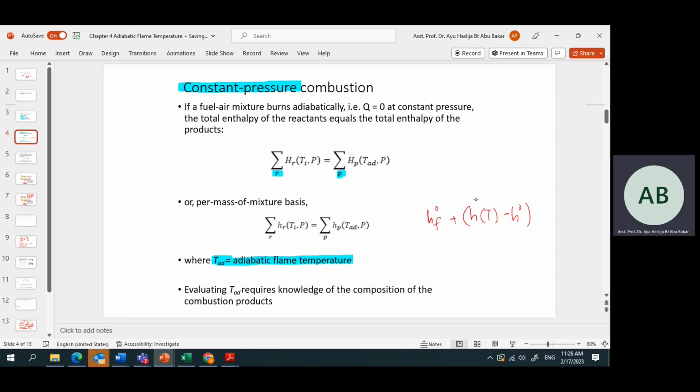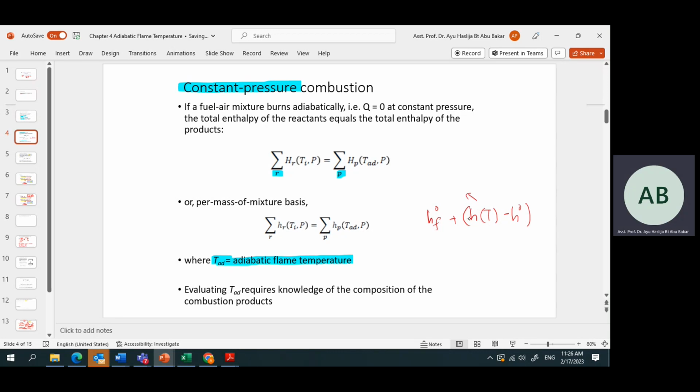Last time it was given at a specific temperature, let's say product released at 1000 Kelvin, so you find the enthalpy at 1000 Kelvin.